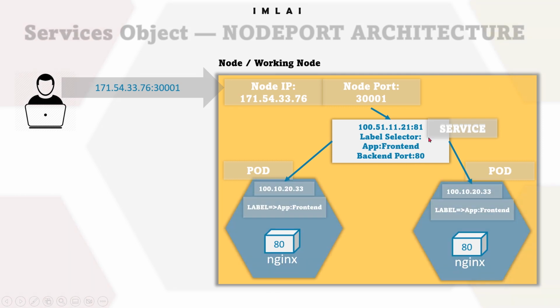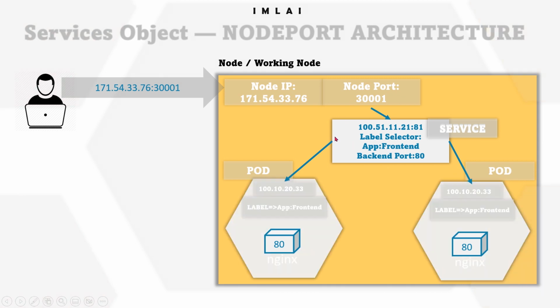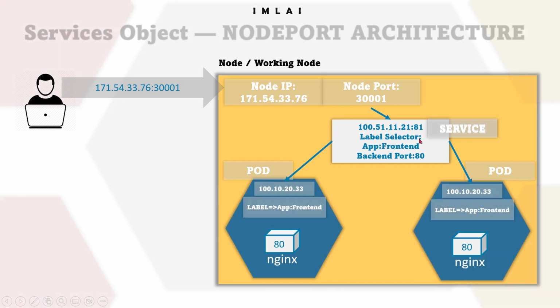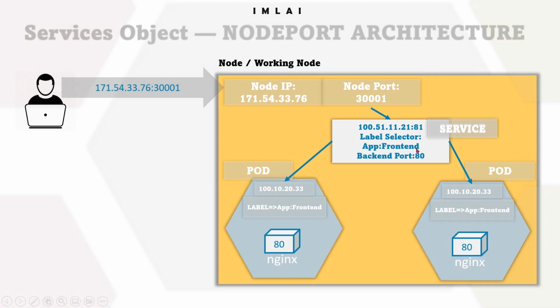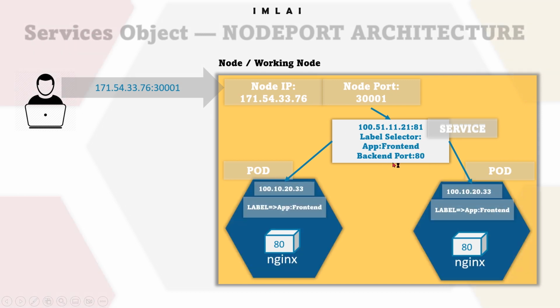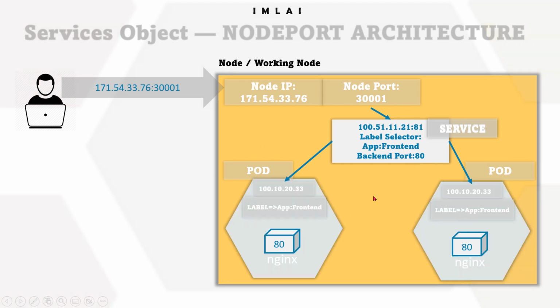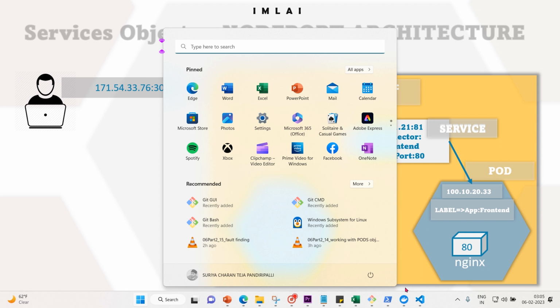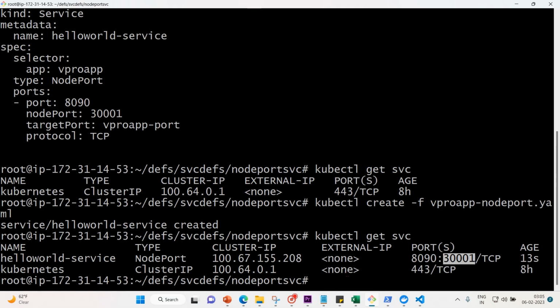And then 8090 is the service port. Basically, it's a static IP. The service will have a static IP and then a port. So now 30,000 is mapped to the 8090, and this 8090 is targeted to the container port through the pod. That's what the magic is happening here. Okay, now let's get back to the work again. See, 8090 is our internal, and 30,000 is external, and then TCP is our protocol.